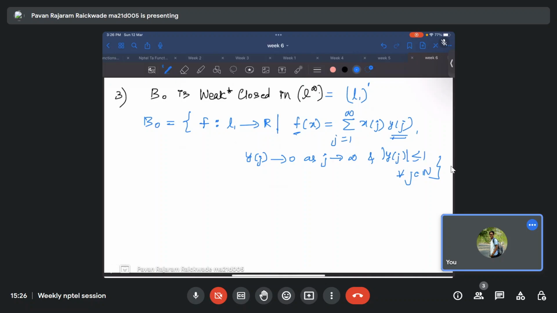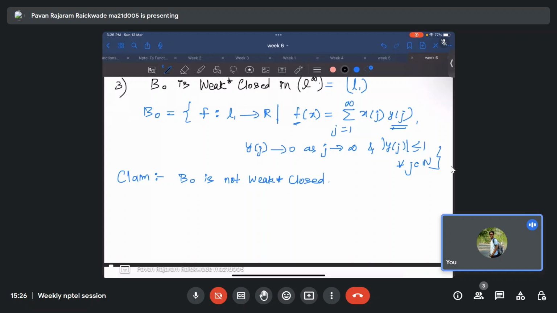Now the claim is that this B naught is not weak star closed. First of all, what does weak star closed mean?